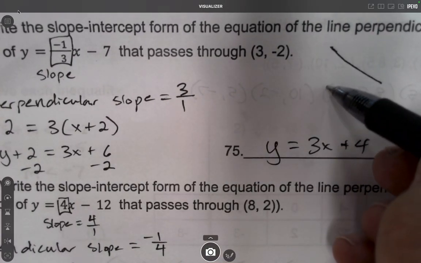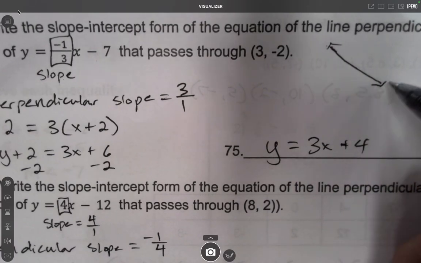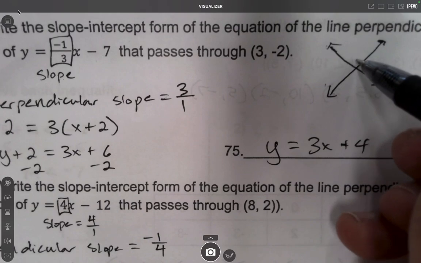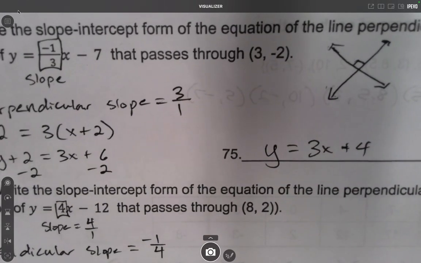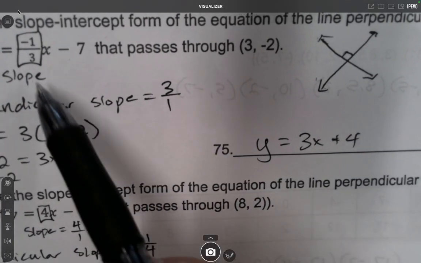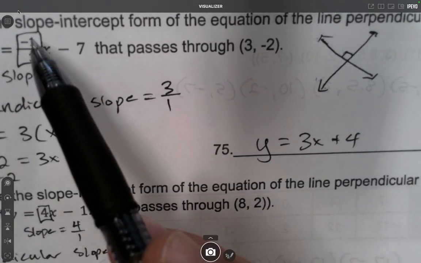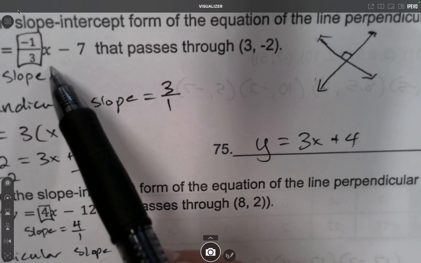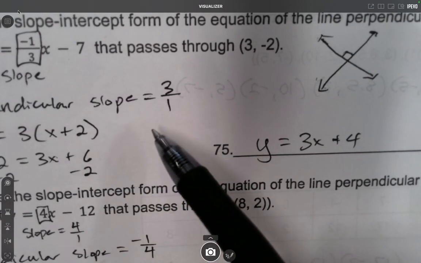A perpendicular line would go the complete opposite direction and form a 90-degree angle right there. So to get a perpendicular slope, we flip the fraction over from 1/3 to 3/1, and we change the sign, in this case, from negative to positive.